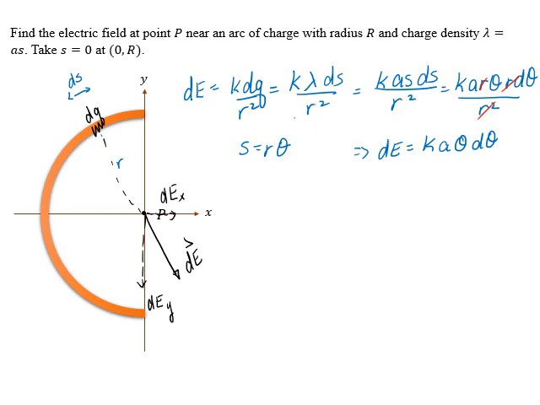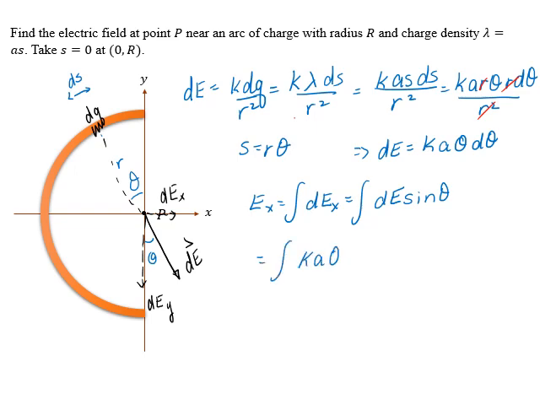So then next, to find our Ex, it's going to be the integral of dEx, which is going to be the integral of dE. I'm going to pick this one for my theta, which makes this one theta. So it's dE times sine theta. Fill in for my dE. I get the integral of k times a times theta times sine theta times d theta.